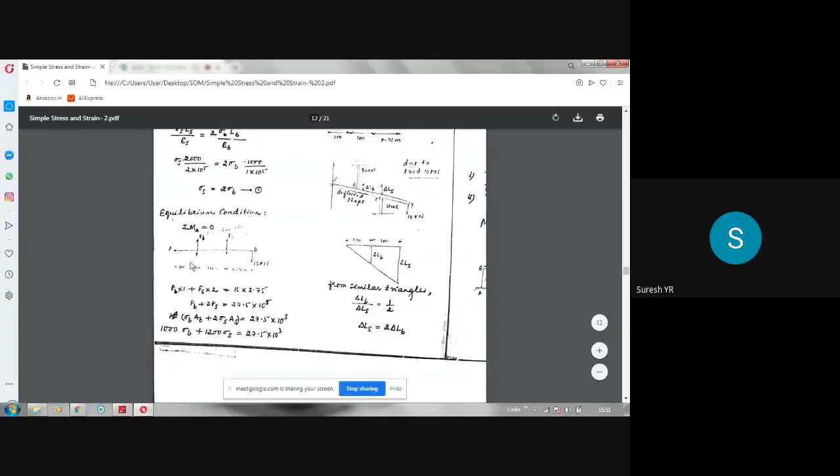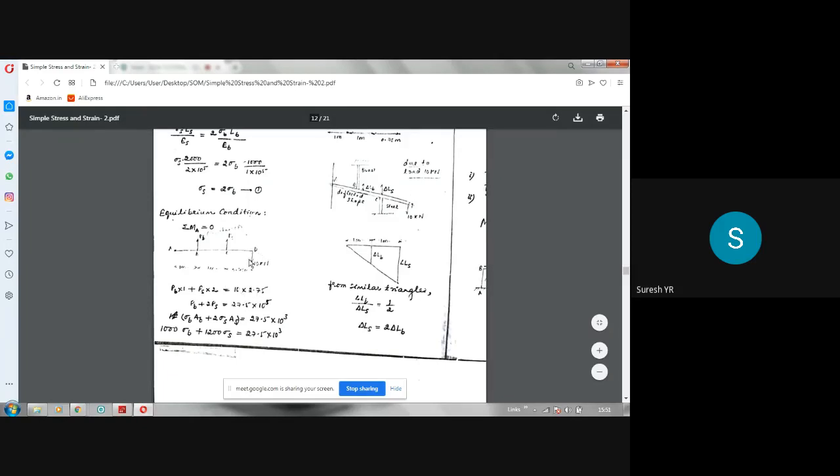About end A, PB multiplied by 1 plus PS into 2 should be equal to 10 into 2.75. Assuming that these are anti-clockwise and this is clockwise.